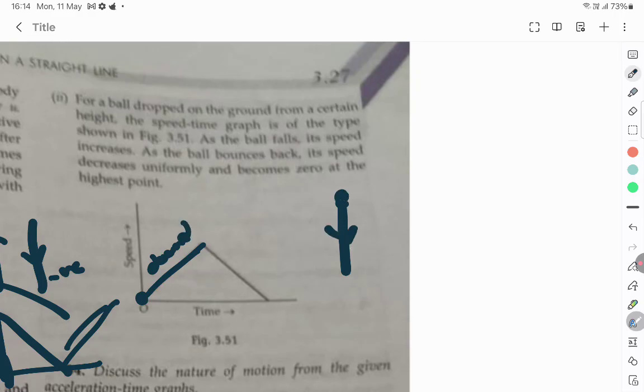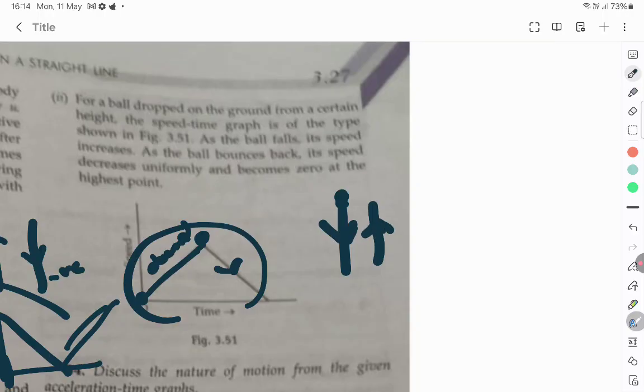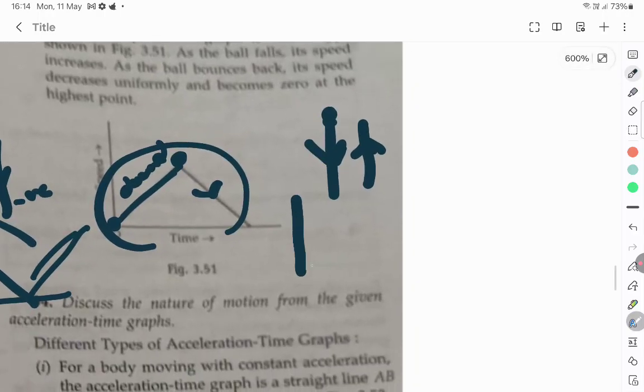The ball dropped down is, I think, now bouncing up. The ball falls, speed increases, and the speed increases as the ball bounces back. So this graph represents the speed time graph of a ball dropped down and bouncing up. In a velocity time graph, how do we do this?